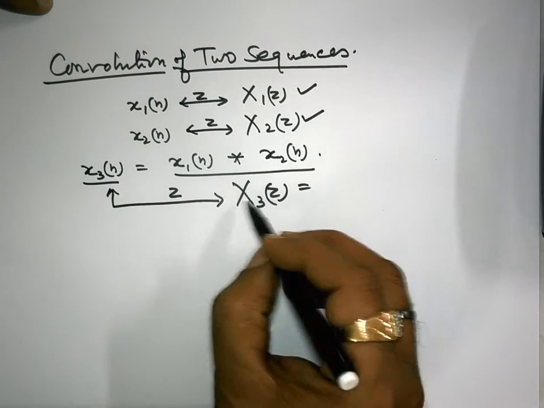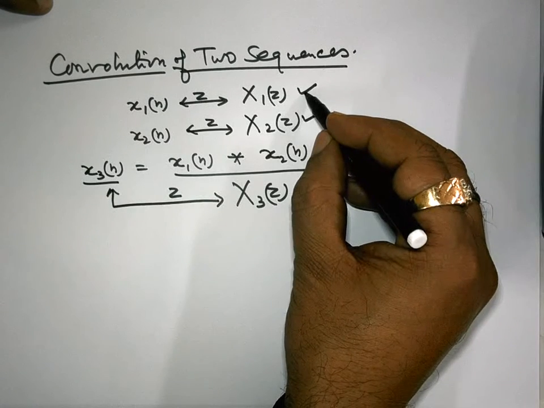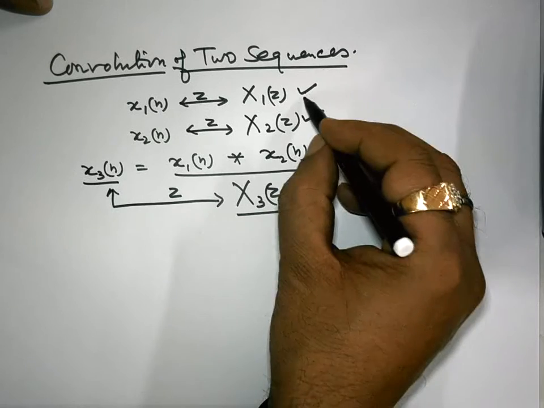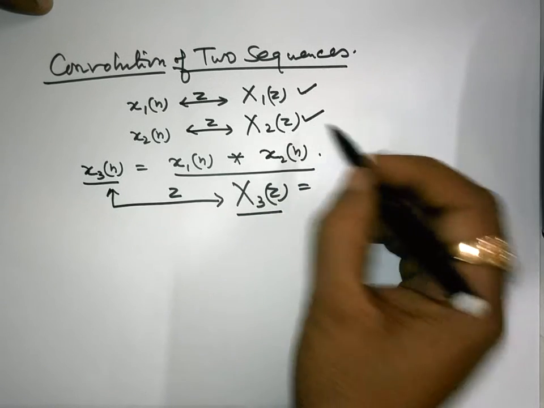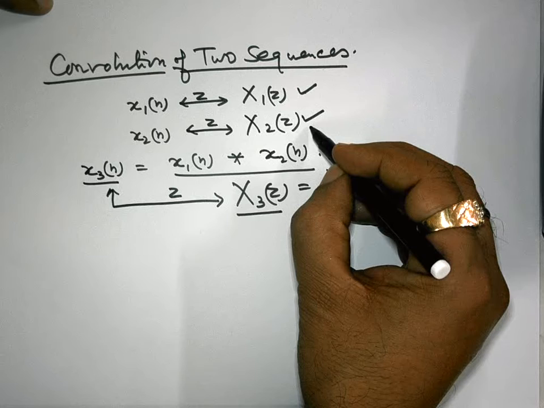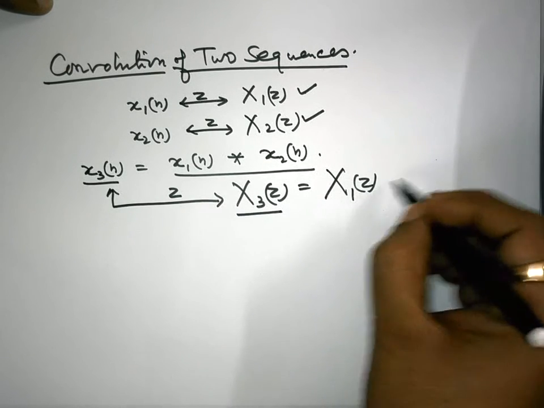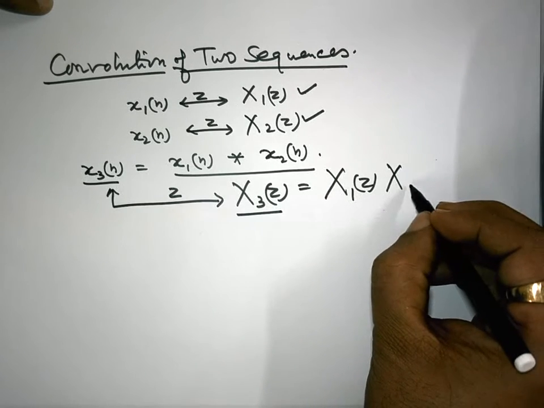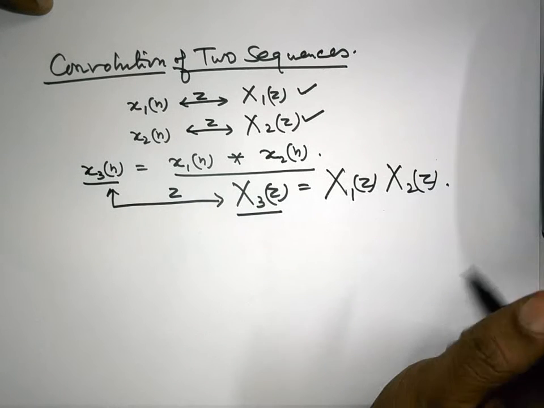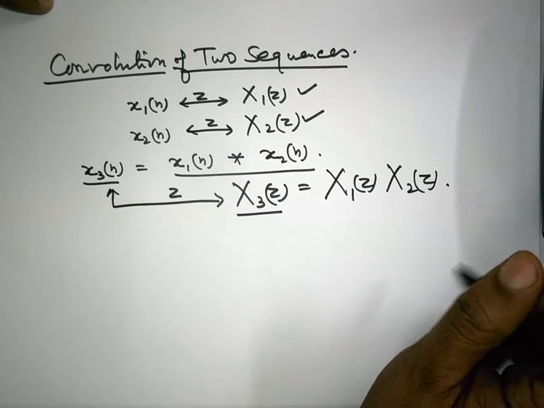We search for a relationship between X3(z), X1(z) and X2(z), and we find that it is equal to the product of these two individual Z transforms. This means X3(z) equals X1(z) times X2(z). So we will prove it.